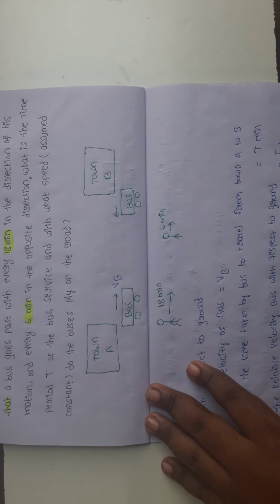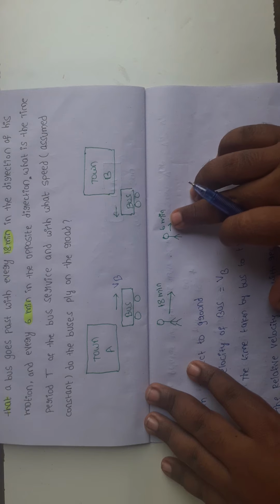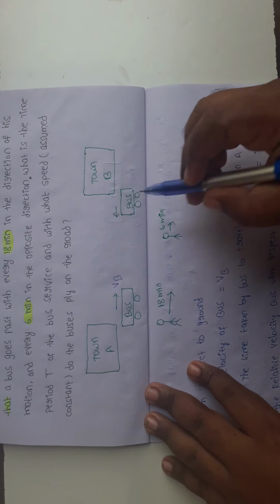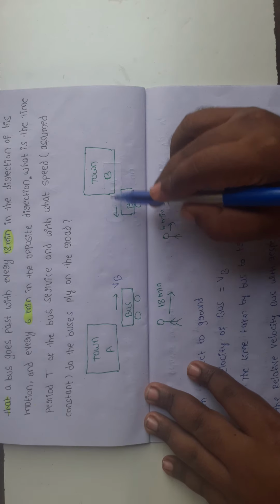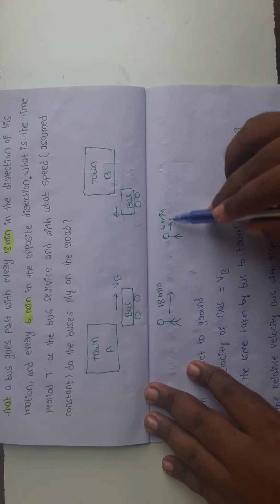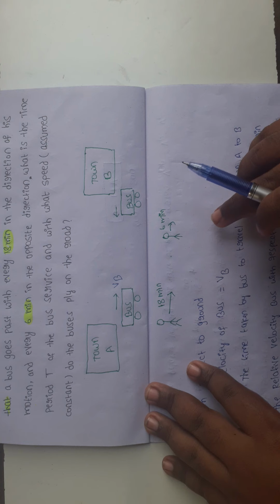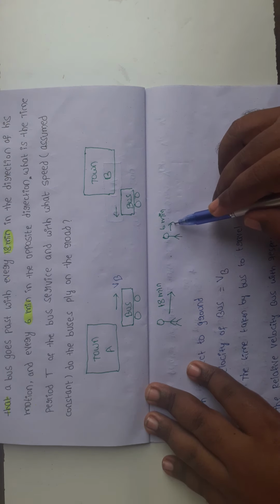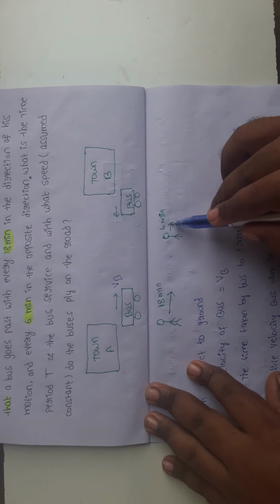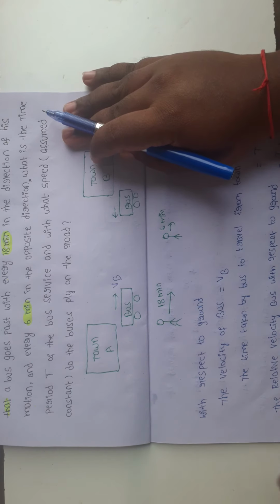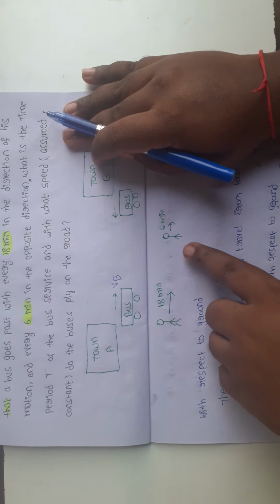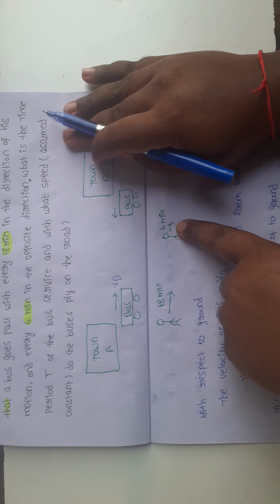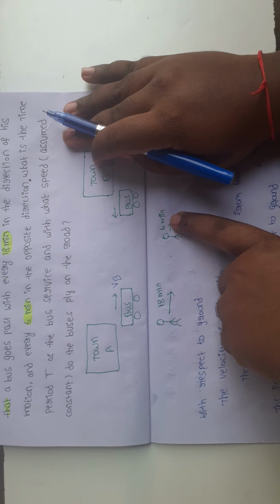Observe carefully. At 6 minutes, the person and bus directions: the bus is traveling in this direction, the person is traveling in this direction. So the velocity of the bus is VB, and the person is traveling in the opposite direction with respect to the bus. That's why I am taking negative, minus 20 kilometer per hour.